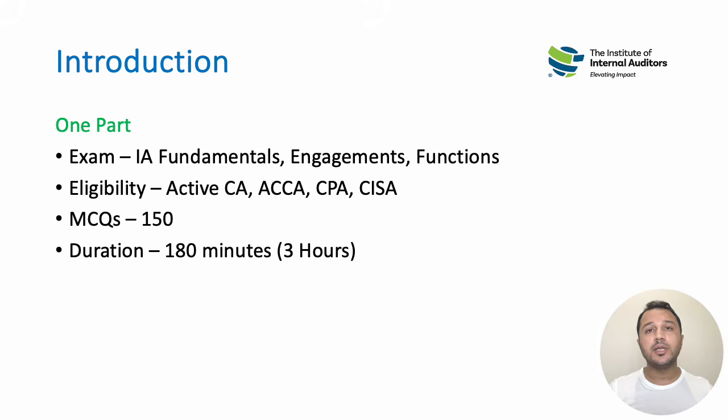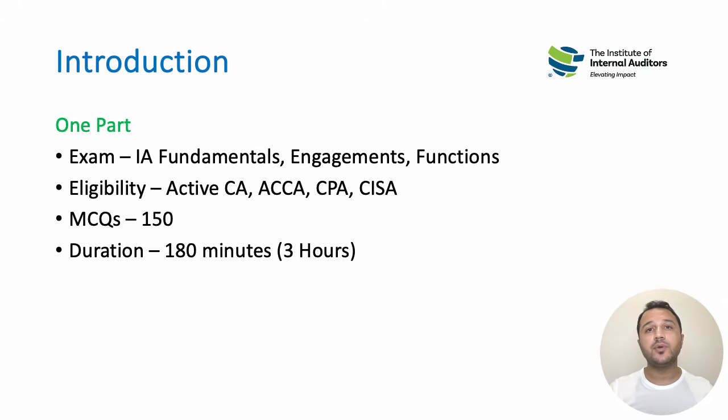The people who can apply are those who already have a qualification such as ACCA, CPA, or CISA. These are some of the entry routes. Basically these are the leading qualifications administered under IFAC, the International Federation of Accountants.